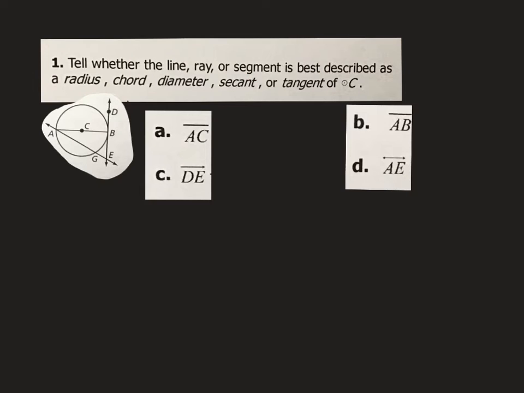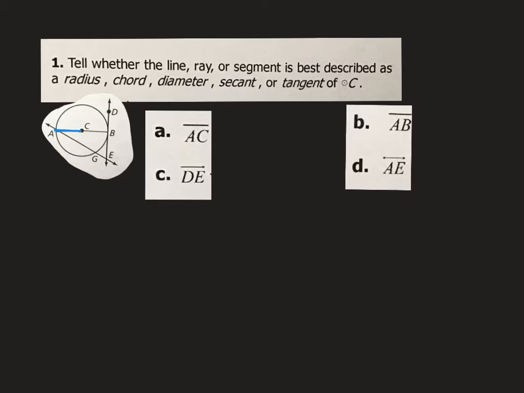So number 1, we're going to look at the segment, line, ray that we're asked to look at in the diagram and decide, is it a radius, a chord, a diameter, a secant, or a tangent of circle C. So we've got the segment AC first. That's just this portion right here.